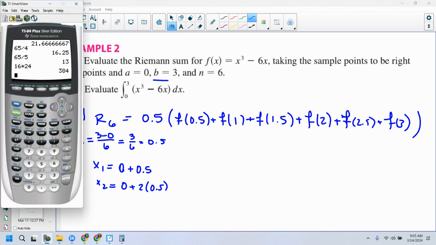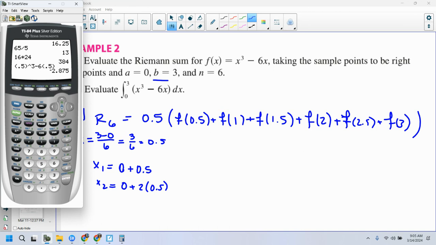Now, this is going to take some calculator work here because the function is a little weird, right? I think you can probably tell that the more difficult the function, the more difficult it is to find the Riemann sum. So we've got 0.5 to the third minus 6 times 0.5. Okay.